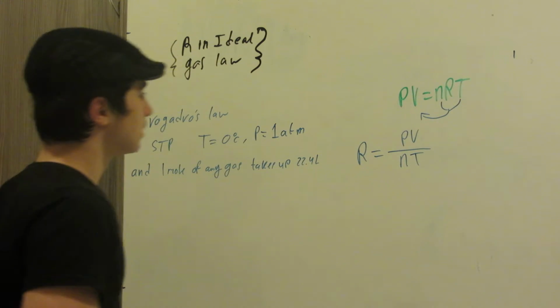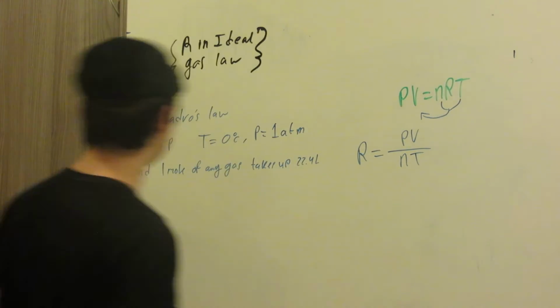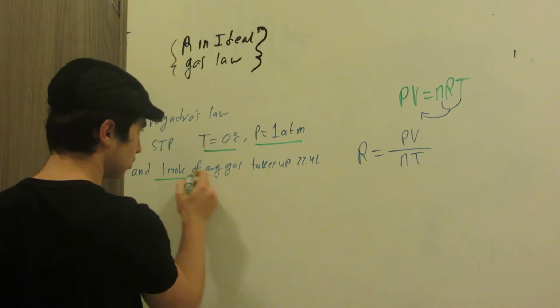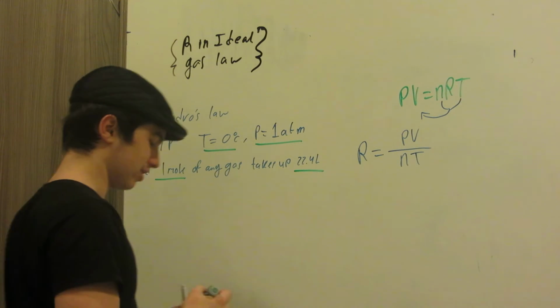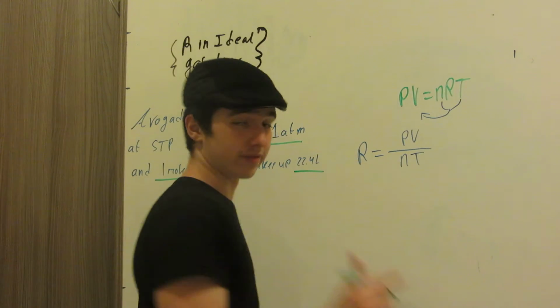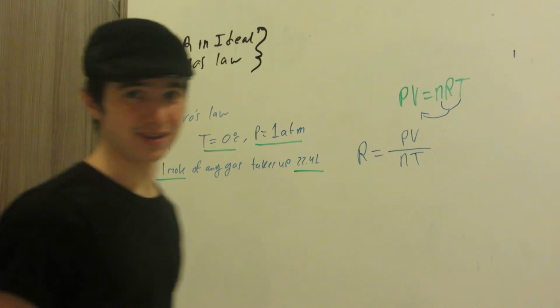So, according to this information, what data do we get? You're right: temperature, pressure, number of moles, and volume. Interesting. How many units are we missing here? 4. Now, is that a coincidence? I think not.